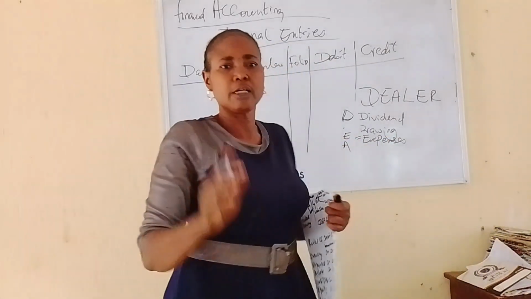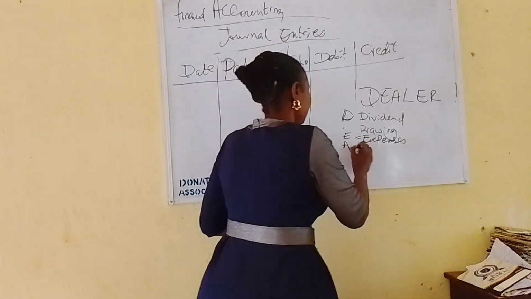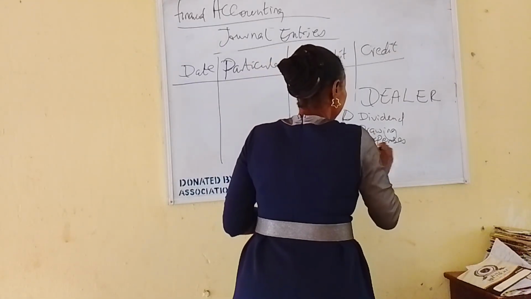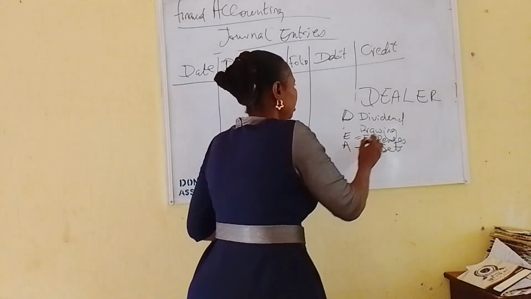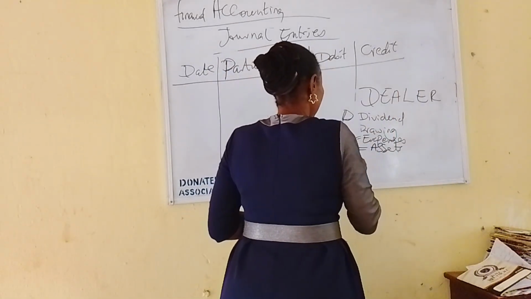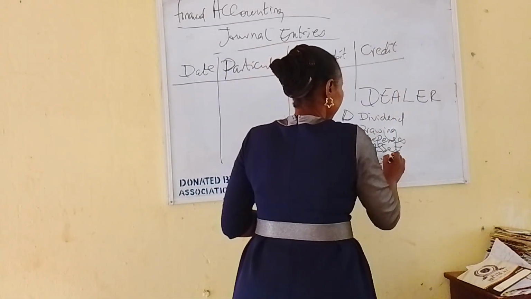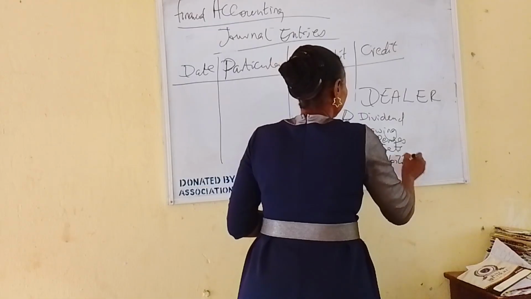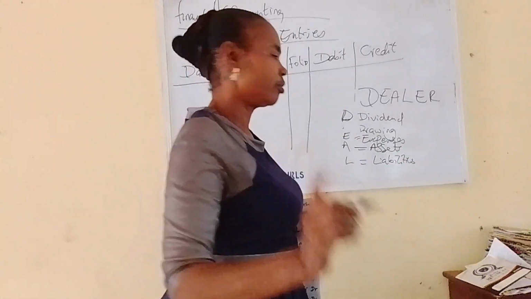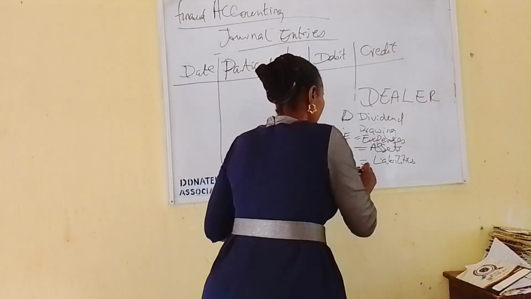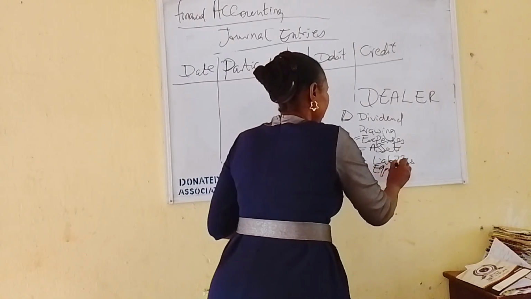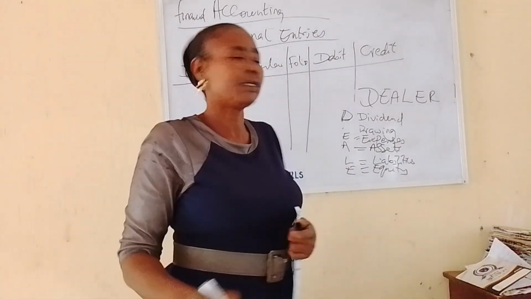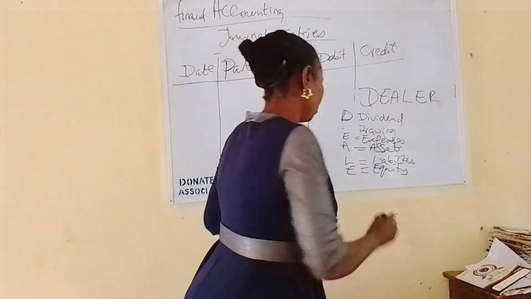Then A means assets. Then L means liabilities. E means equity. Then R means revenue.